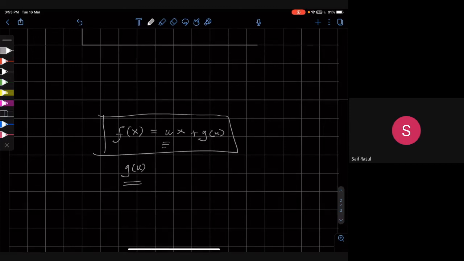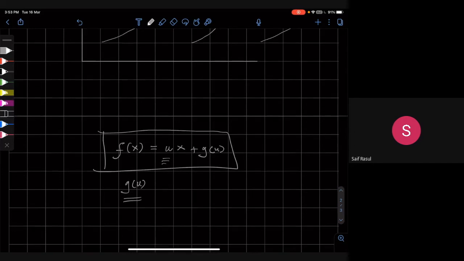Isn't g a function of u and x both? How is it not a function of x?